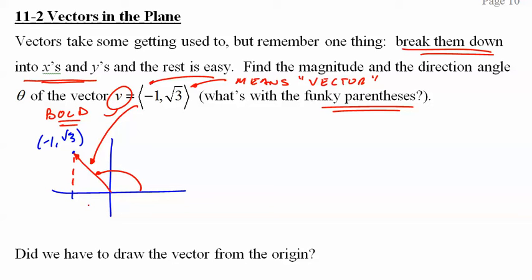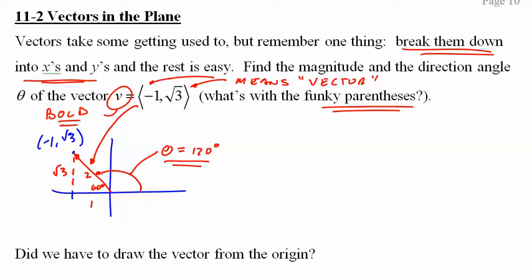This is 1, this is root 3, that's a 30-60-90 triangle with this side being 2. Across from 30 is 60 degrees, and that was 180 minus 60, so the direction angle is 120 degrees, just like on a unit circle.